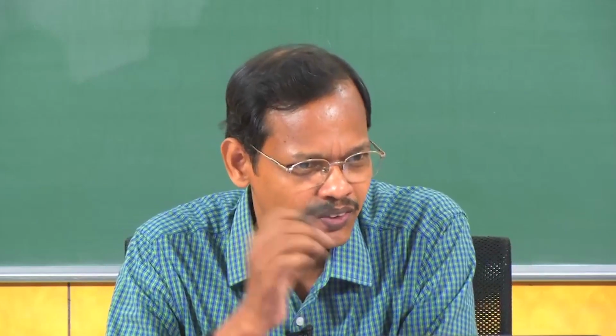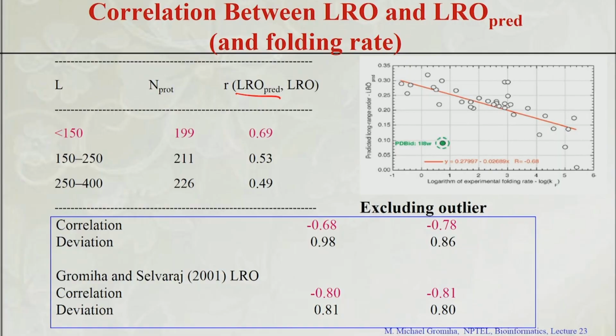If we know the structures, we can get the long range order. Likewise, they did that. They predicted the LRO, compared it with the LRO obtained directly from the structure, and looked at the correlation. Specifically, for the small proteins, they considered 199 proteins, and the correlation is not bad, about 0.7.